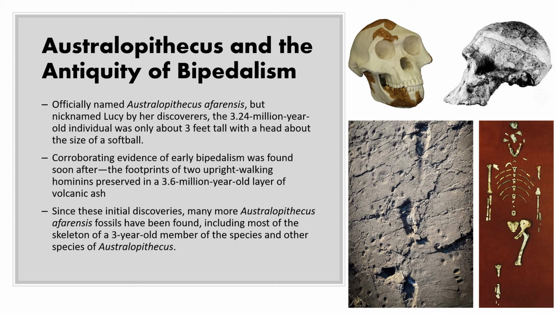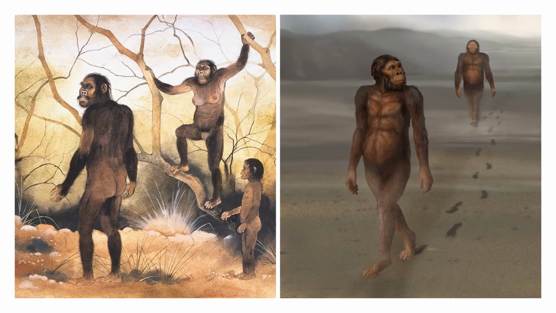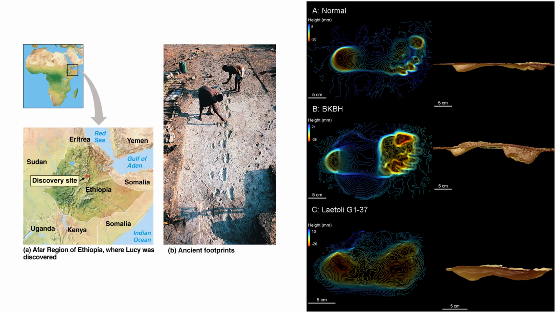So since this discovery, there have been many more Australopithecus found, and one of them is a three-year-old member that has almost a complete skeleton. Here we have two reconstructions of what it's thought that Australopithecus would look like, including a picture with some footprints.